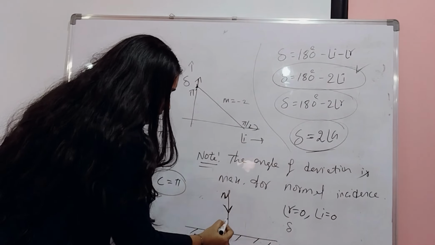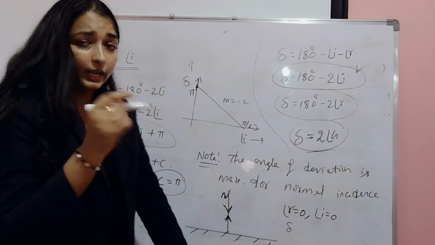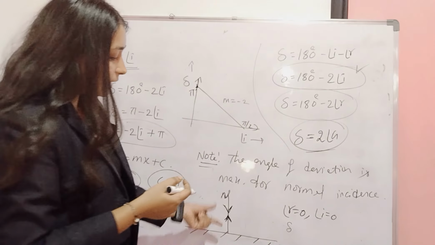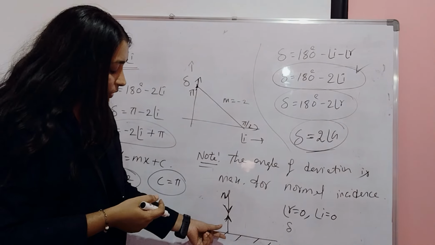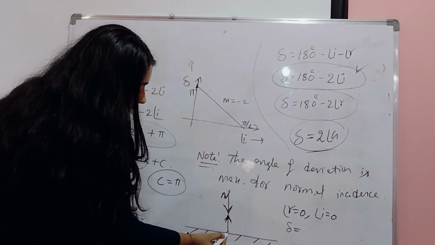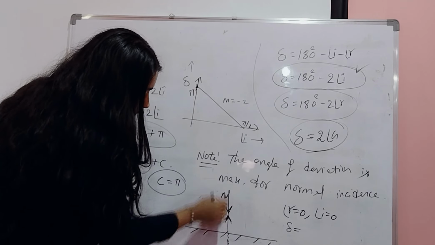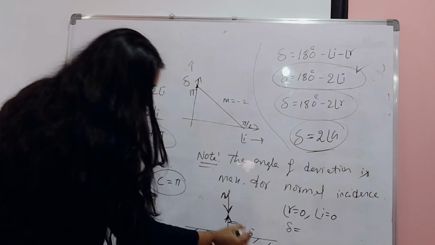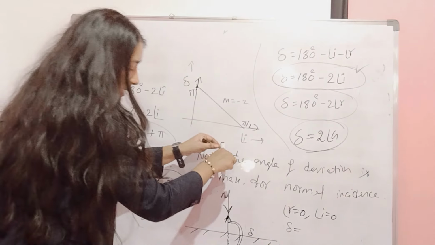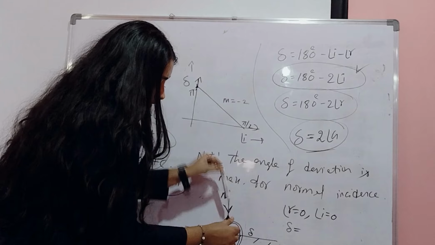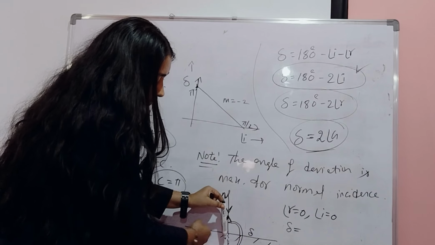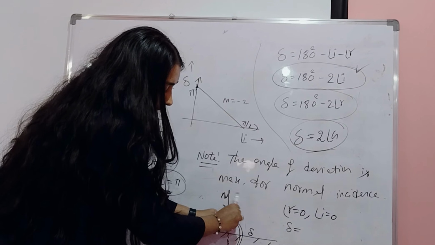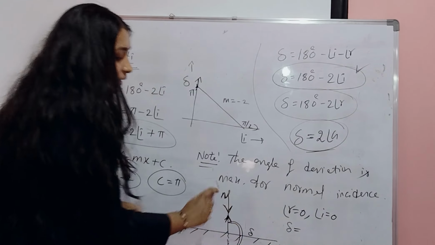So the reflected ray also gets back the same way, but in the opposite direction. You understood? So what is delta? The angle between the original direction of the incident ray and the reflected ray. So this is the angle of deviation, right? So how much is it deviated? It has to go along this direction, along the straight line. Because of the mirror, it turned back. So how much angle did it make? 180.